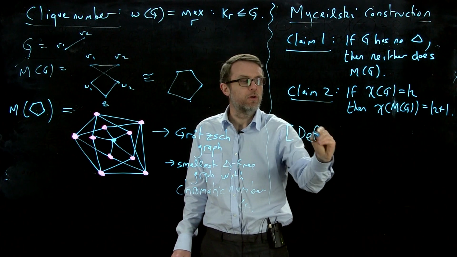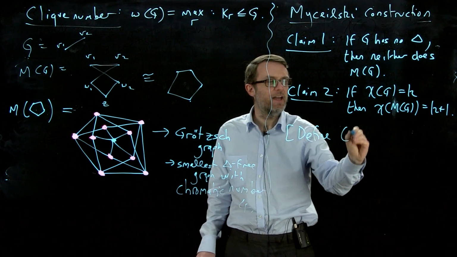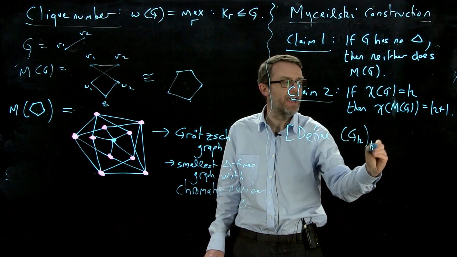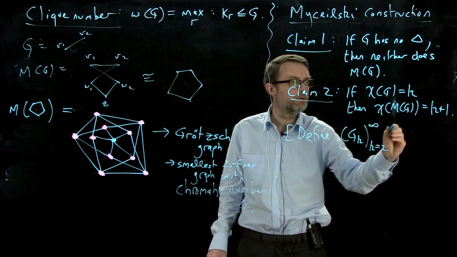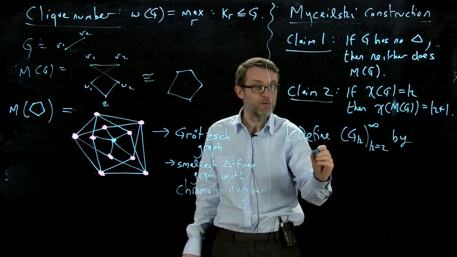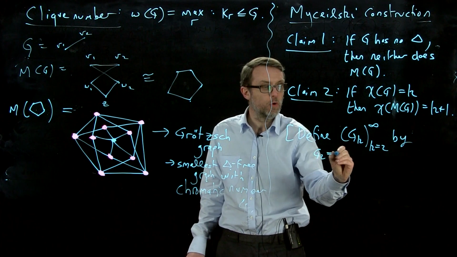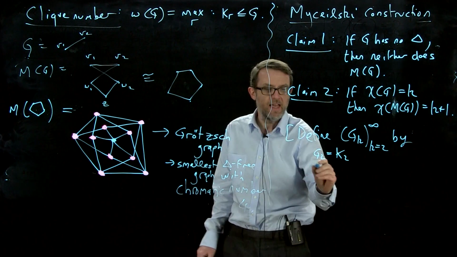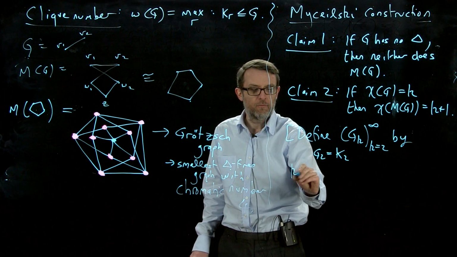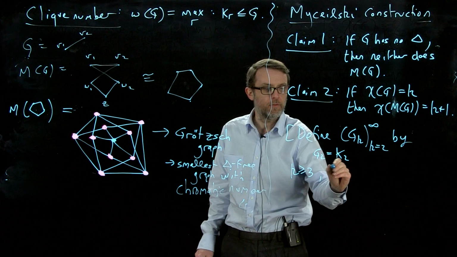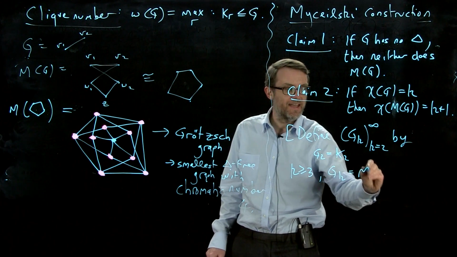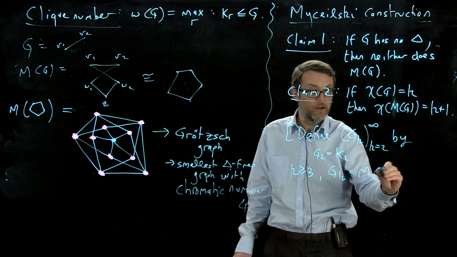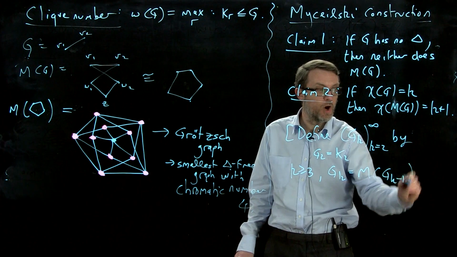So now we can go ahead and define a sequence of graphs G_k, k going from 2 to infinity, by the following iterative procedure. G_2 is the single edge, the complete graph on 2 vertices. And then for k bigger than or equal to 3, G_k is the Mycielskian of G_{k-1}.